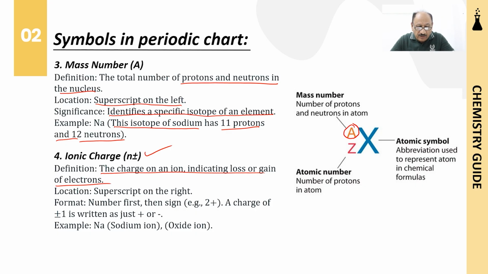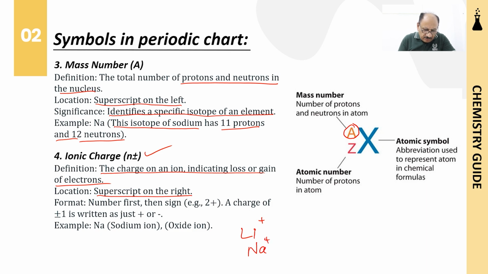When an atom is a neutral particle, whenever it is losing one electron, it's switching to a positive ion, and if it is gaining an electron, it will be changing to a negative one. So superscript on the right side we are mentioning over here, like this one. If it is lithium, it will be +1, or sodium will be +1.